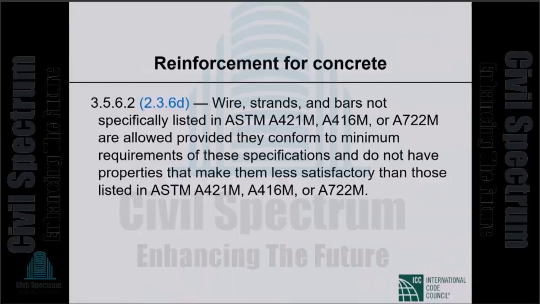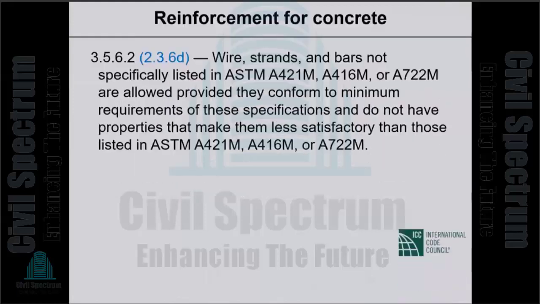Wires, strands, and bars not specifically listed in A421, A416, A722 are allowed, provided they conform to minimum requirements of these specifications and do not have properties that make them less satisfactory than those listed in those specs.